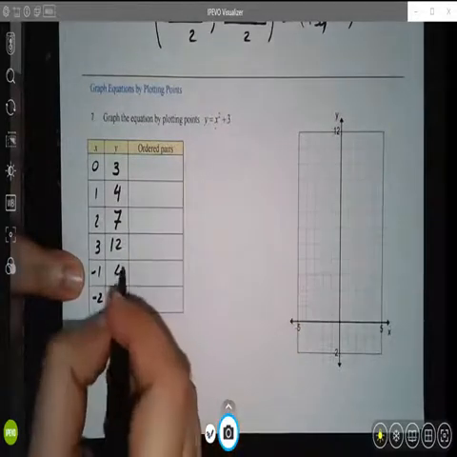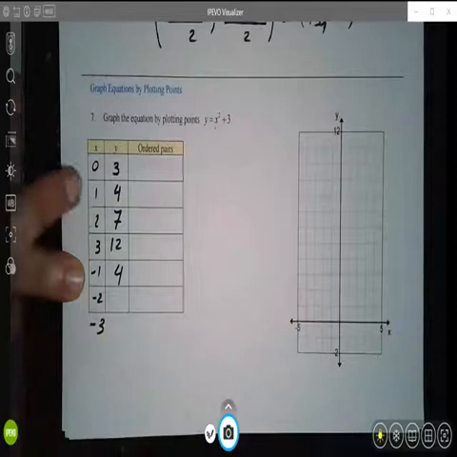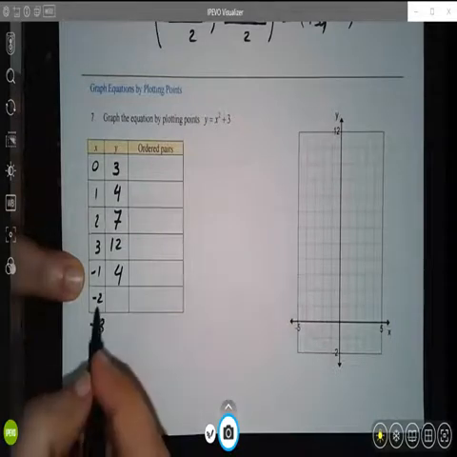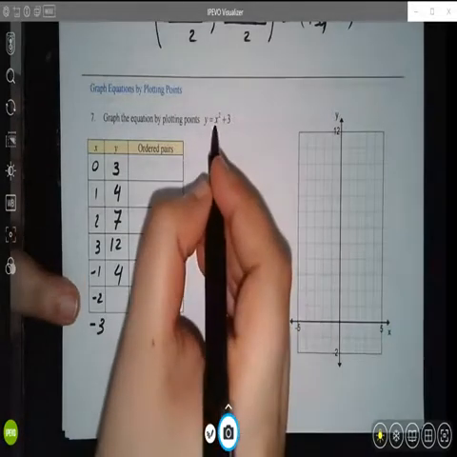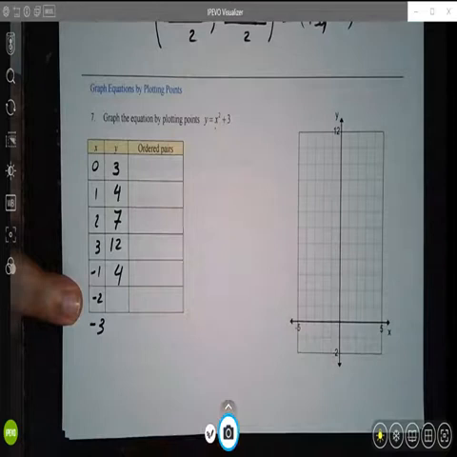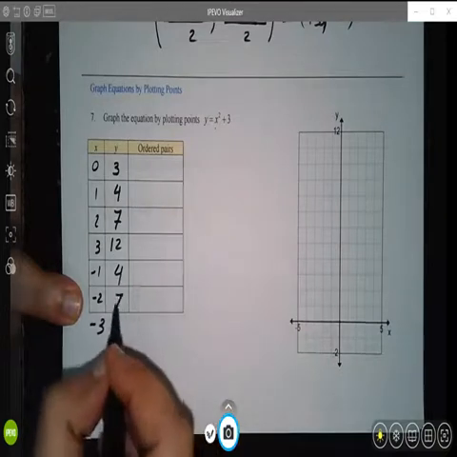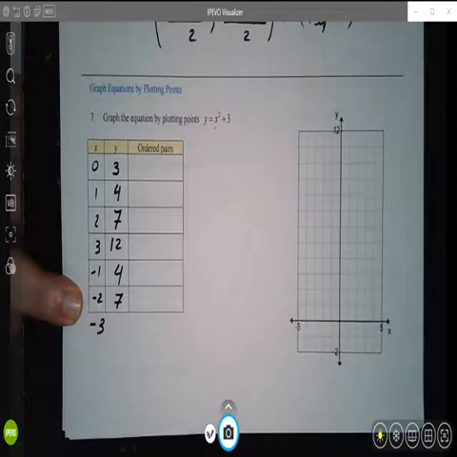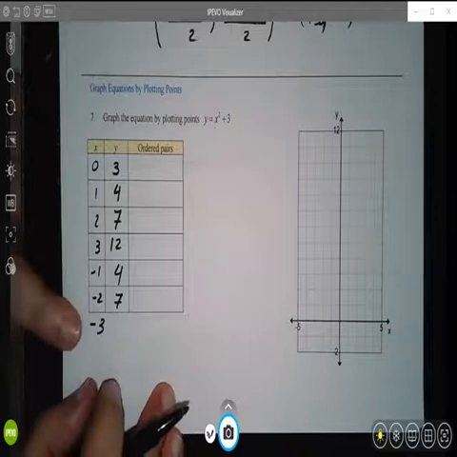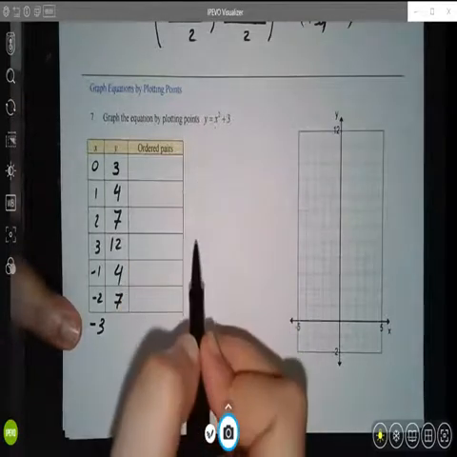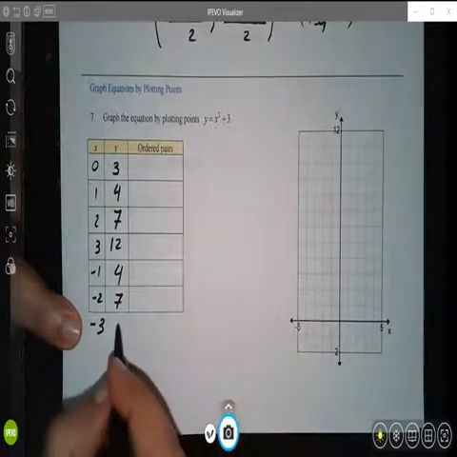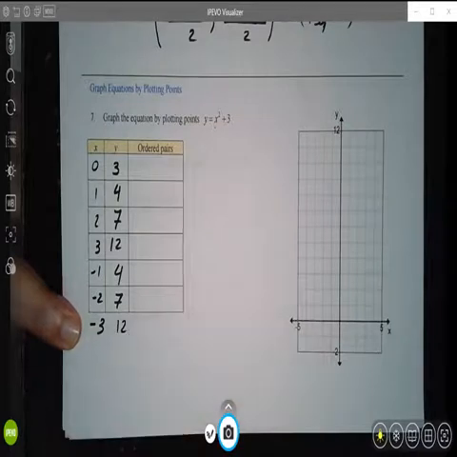Plus 3 is 4. -2 squared is +4. Plus 3 gives you 7. And -3 squared is 9. Plus 3 is +12.